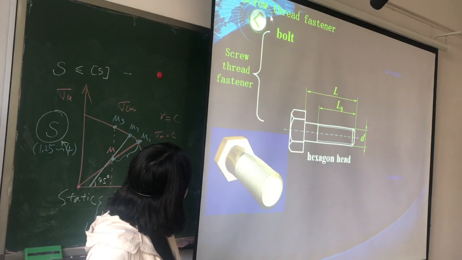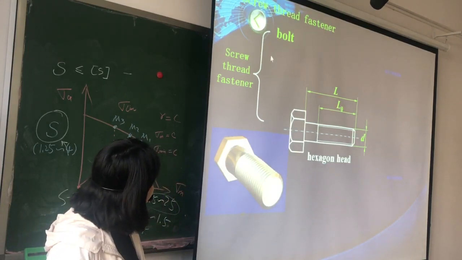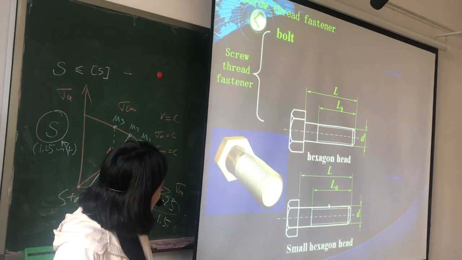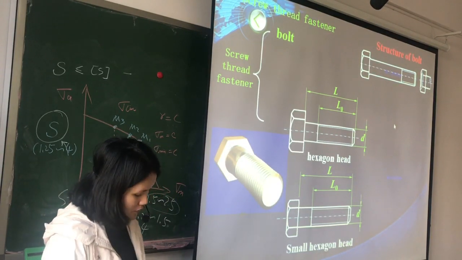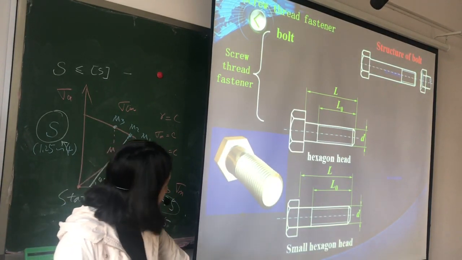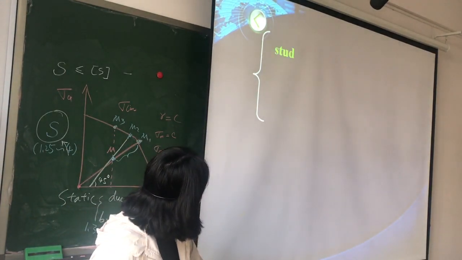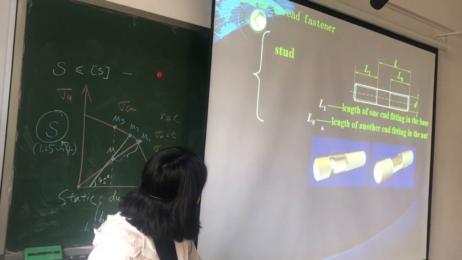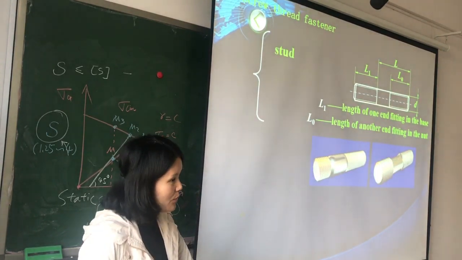And this is the screw thread fastener, and this is a bolt. This is a hexagon head bolt, and this is the structure of bolt. There are many types, and stud. This is A type, and this is B type.